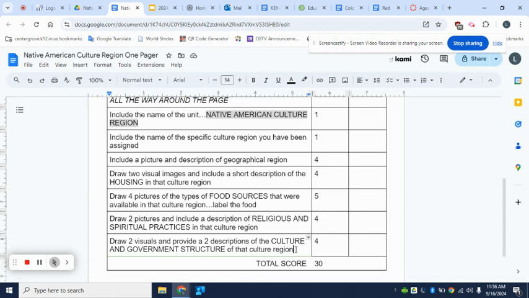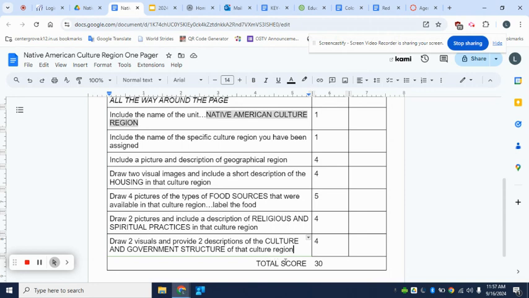And the last requirement for the project is to draw 2 visuals and provide 2 descriptions of the culture and government structure of that region. Okay, so the culture and government structures, you would probably draw 1 picture for the culture and provide a description, and then 1 picture for the government structure and provide a description as well. Including those things would give you a maximum of 4 points.